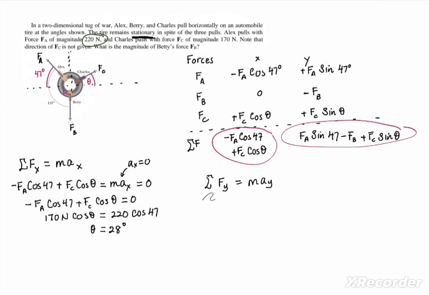So FA is 220 sine of 47 minus FB, which is what we need to find, plus FC, which is 170 sine of theta, and we found theta to be 28, and that is equal to M times ay, and ay here is again 0 because this is a stationary situation, so this entire thing is equal to 0, and you can find FB from this equation, and that is 240 newtons.